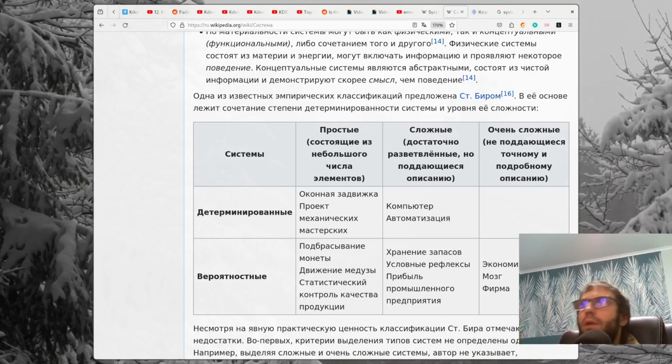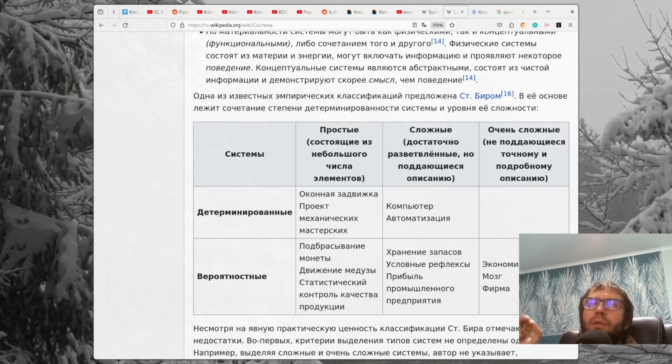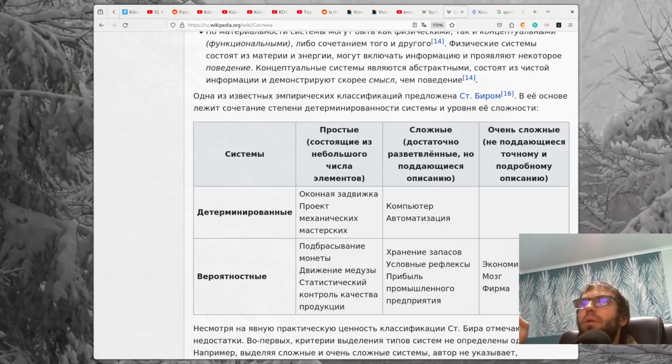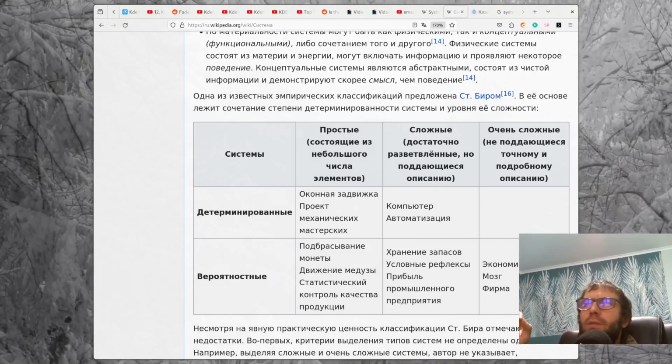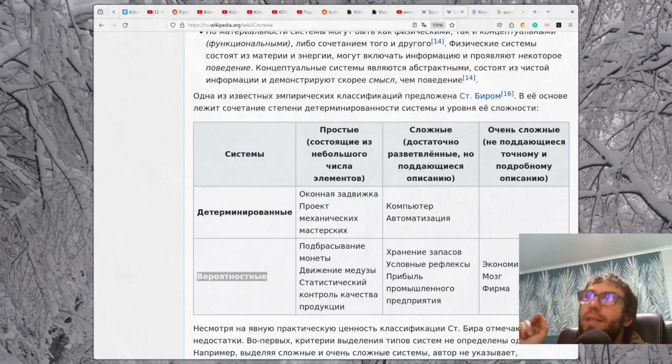On the other hand, there are more complex systems, for example our brain or the economy, which, in addition to complexity, have the property of non-determinism. So this is probabilistic.